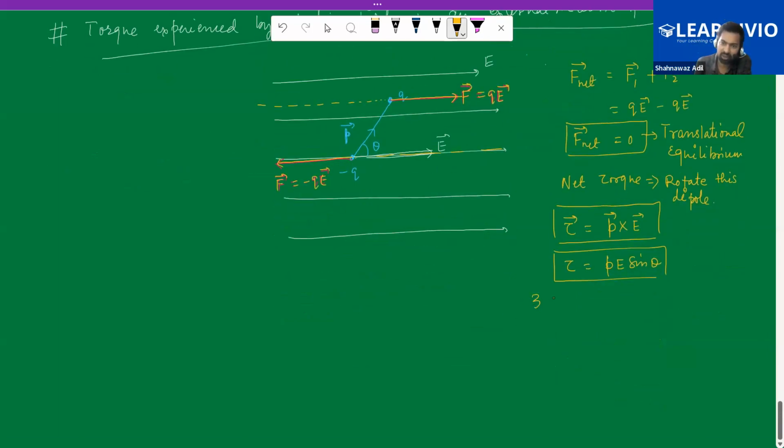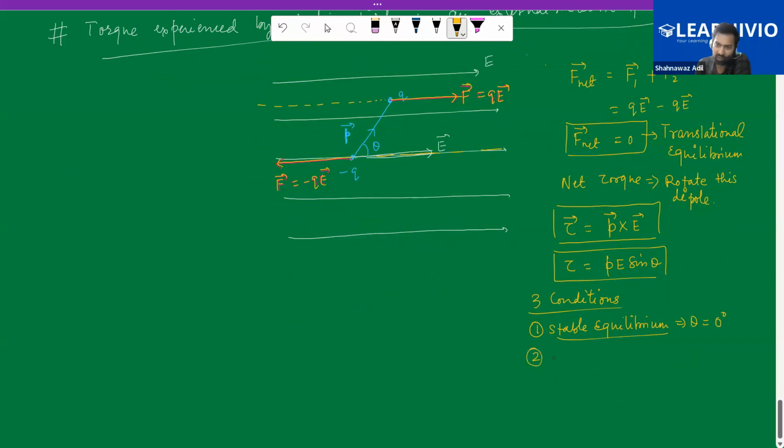So three conditions. This is the stable equilibrium, and this is rotational equilibrium I'm talking about. What is the stable equilibrium? Theta equals how much? 0 degree. Absolutely correct.